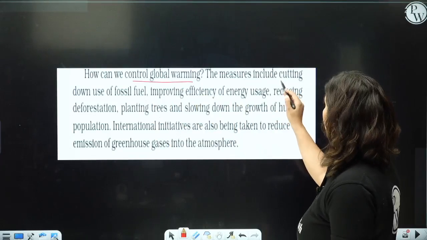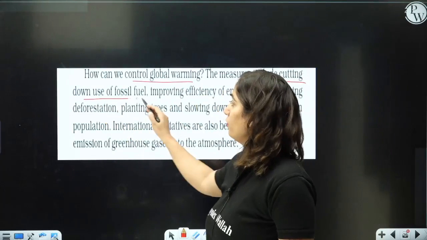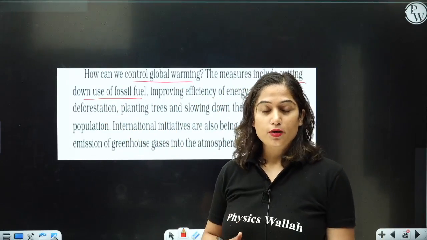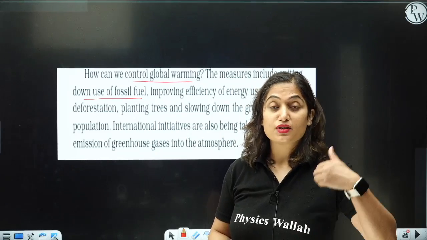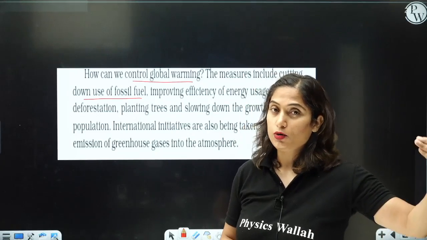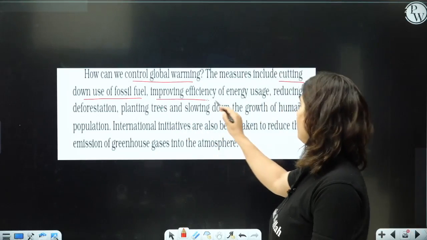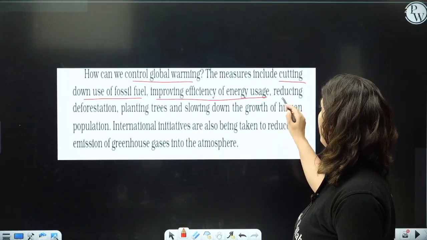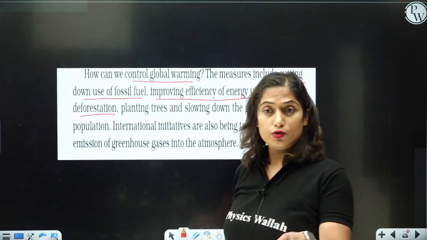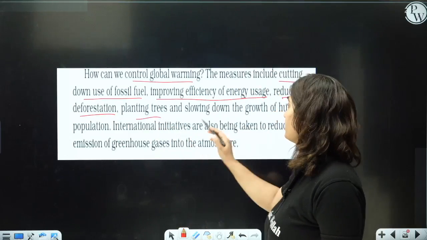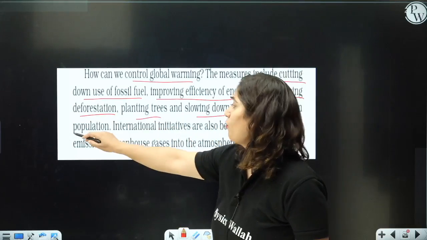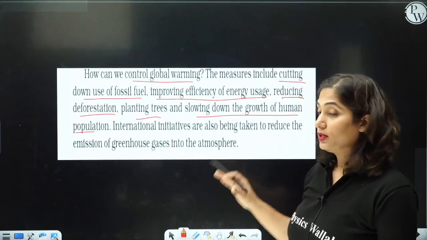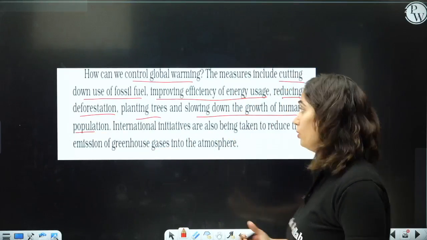First of all, cutting down the use of fossil fuels, because fossil fuels release CO2 and methane into the air. Improving efficiency of energy usage, reducing deforestation, we should not cut forests, planting trees, slowing down the growth of human population. These are all the methods with which we can control global warming.